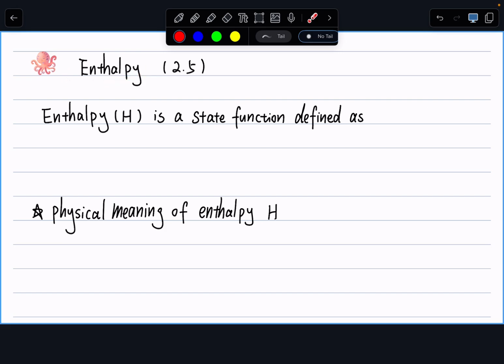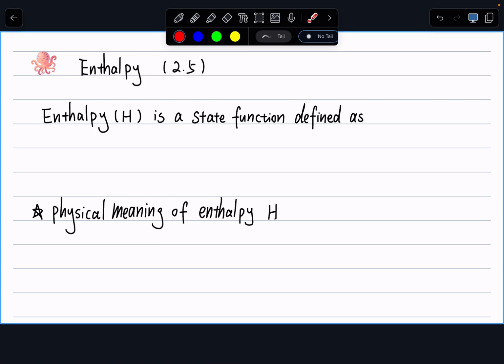So enthalpy, 2.5. We went over our first law of thermodynamics, which defines a state function, total energy, which later on we translated into internal energy that we care more about in thermodynamics. In addition, energy, internal energy, heat and also work all have the same dimensionality.